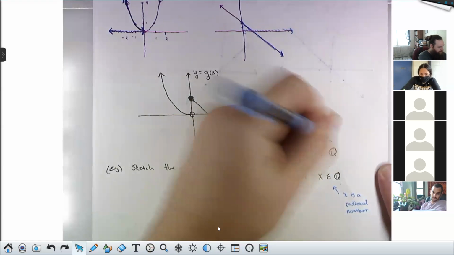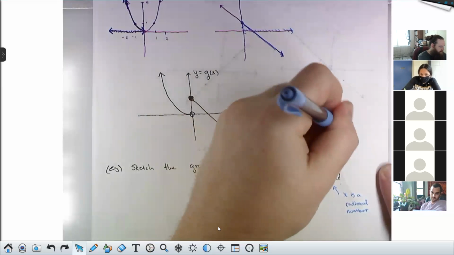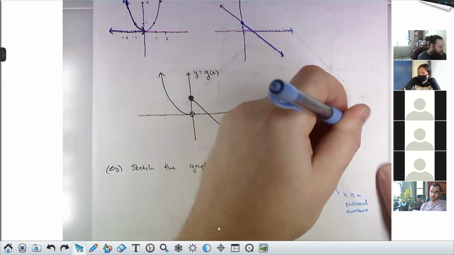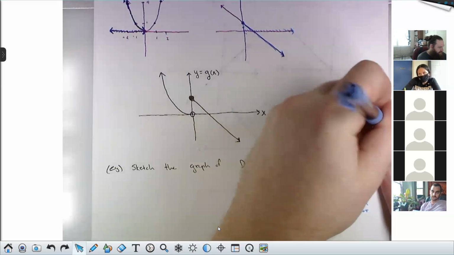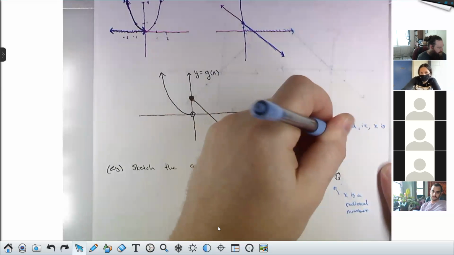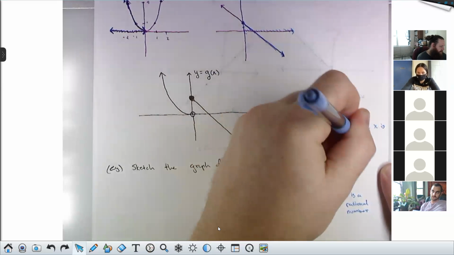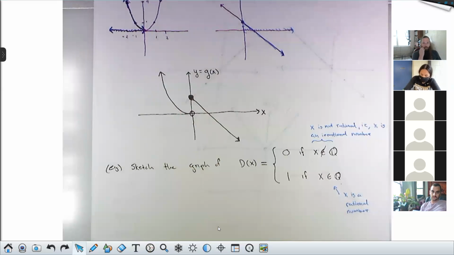And this statement would be that x is not rational, i.e. x is irrational. Okay, so what does this function do?